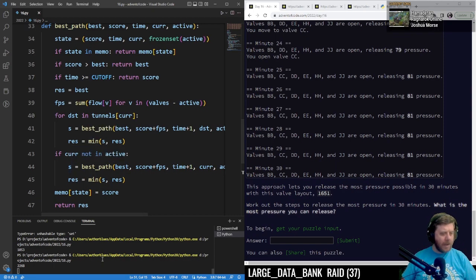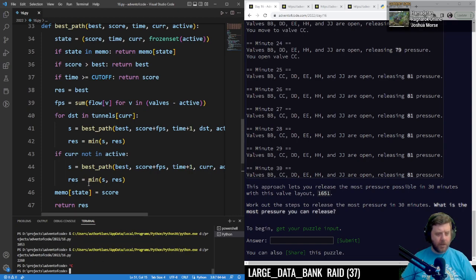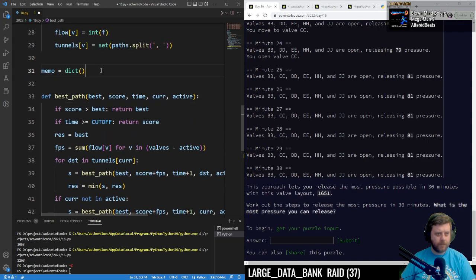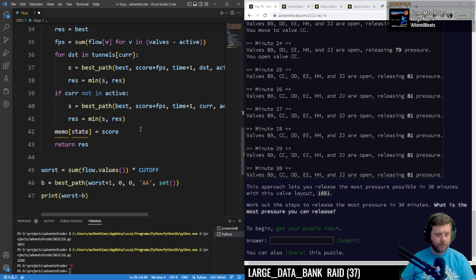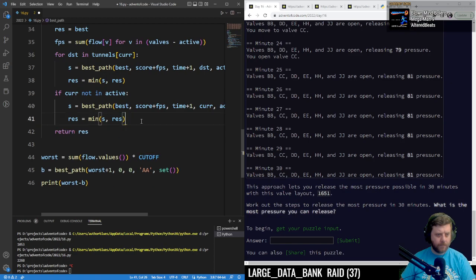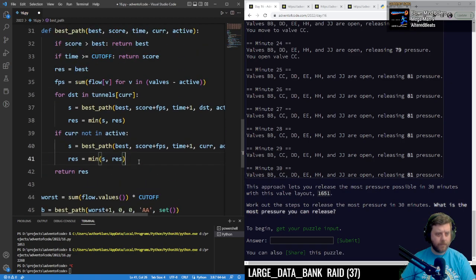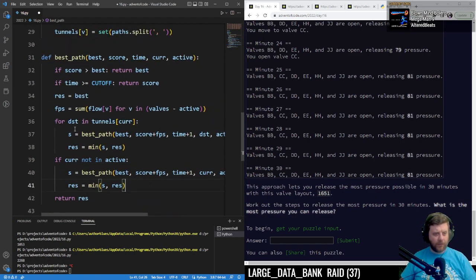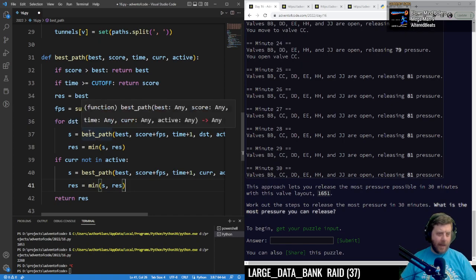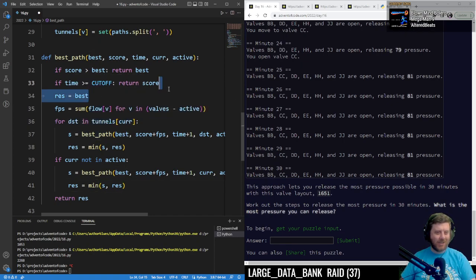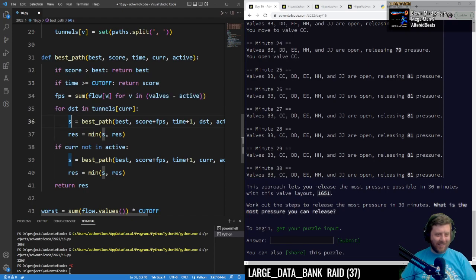Oh, I'm not actually doing branch. Hey, everyone. Remember when I said branch and bound? This is not doing branch and bound, which is cool. If you want to do branch and bound, you actually have to bound it. You can't just say the word bound and then hope for the best.